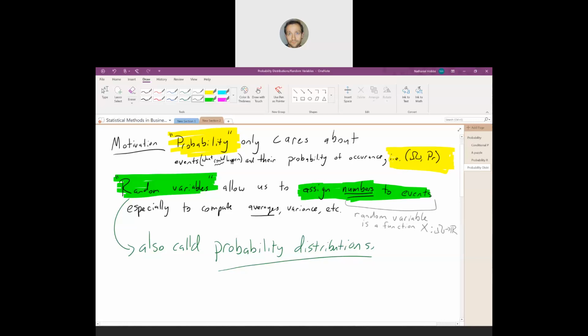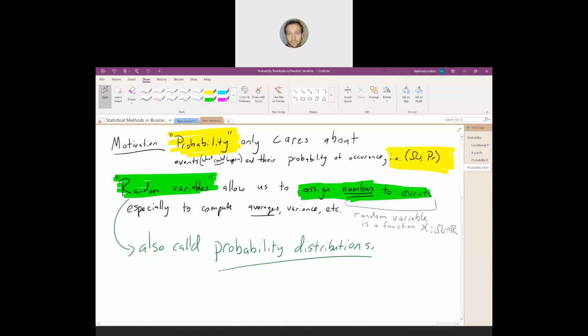Okay, so this is the way to write it shorthand. It's a function. I'm calling the function x, and the function is defined, that's what the colon is, as a function that maps a set to real numbers.